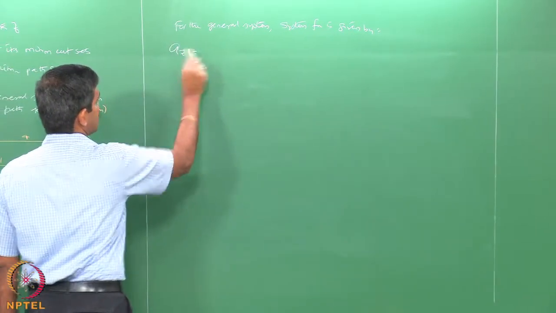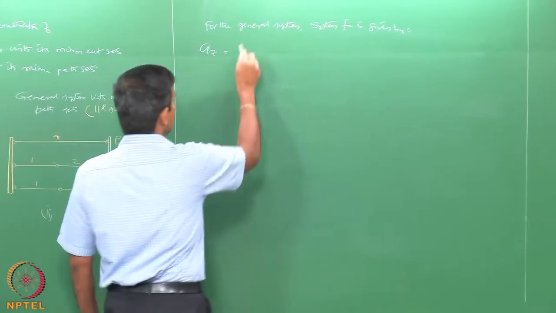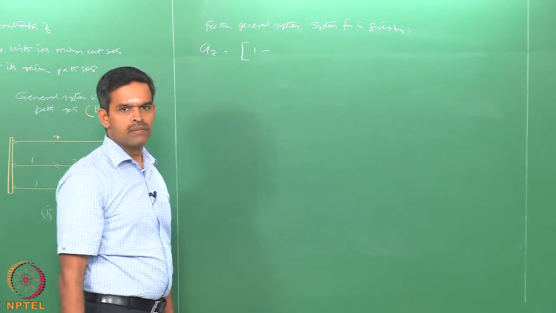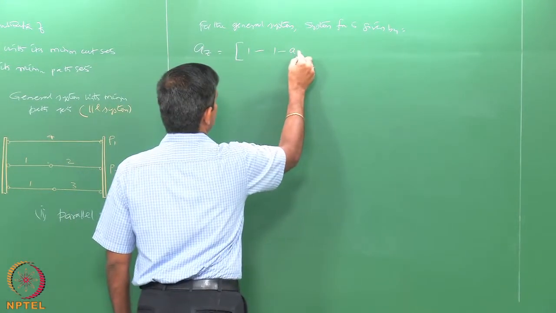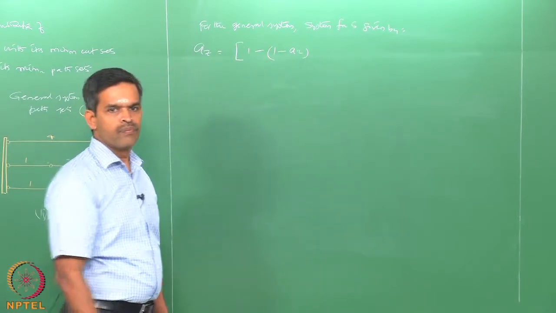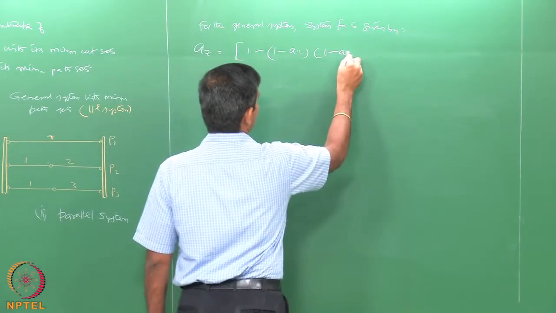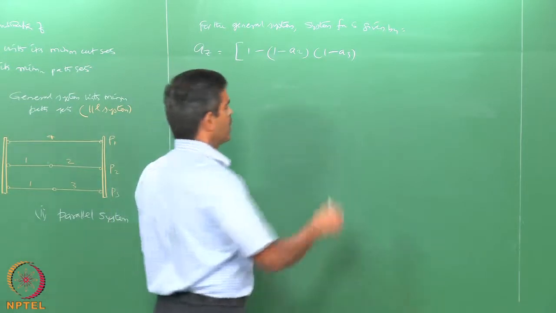A z, which is 1 minus A2, 1 minus A3, 1 minus A4.